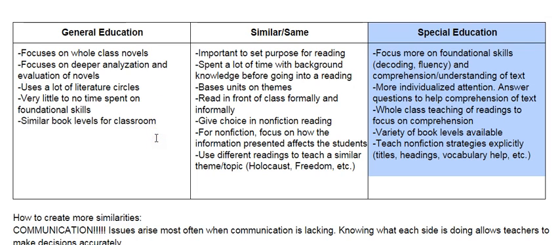This teacher that teaches high school in this building uses a lot of literature circles to teach, and they don't spend a whole bunch of time working on foundational skills, which makes sense. They use similar book levels for the classroom. So every book in the classroom is geared towards a rather limited book level. There's not a huge variation.